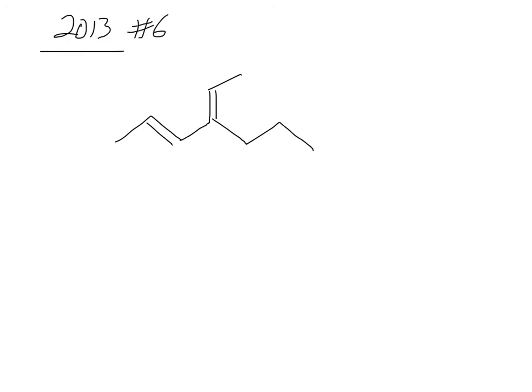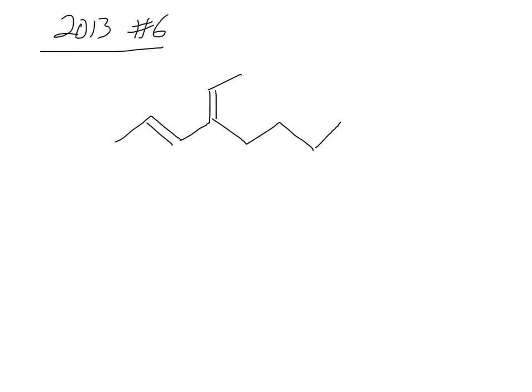So this is a naming problem from the 2013 exam, number 6. For naming problems, you have to find the parent chain with both of the functional groups in it.